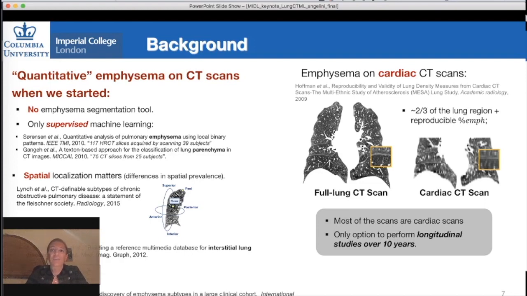This was critical for us to aim for the same type of analysis on cardiac CT scans, because most of the scans we were given were actually cardiac scans, and that was also the only option for us to perform longitudinal studies over 10 years, which was really the goal of the collaboration.